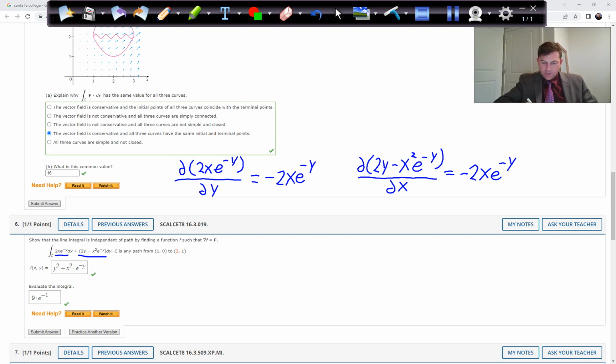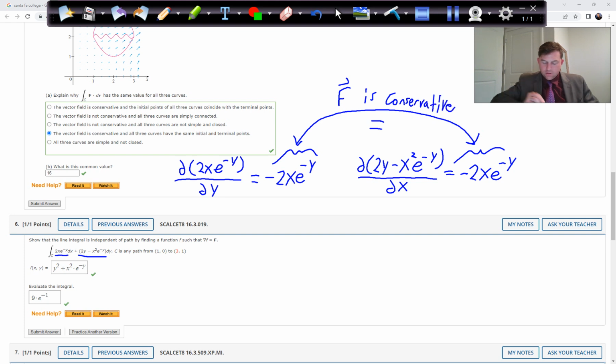And once again, we see that these two things are the same. They are equal. Therefore, F is a conservative vector field. And then we can proceed to find that common function.